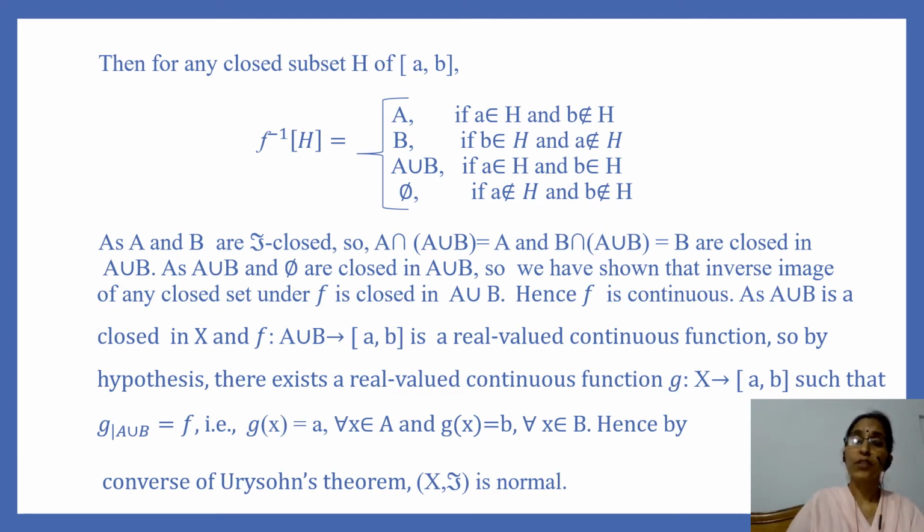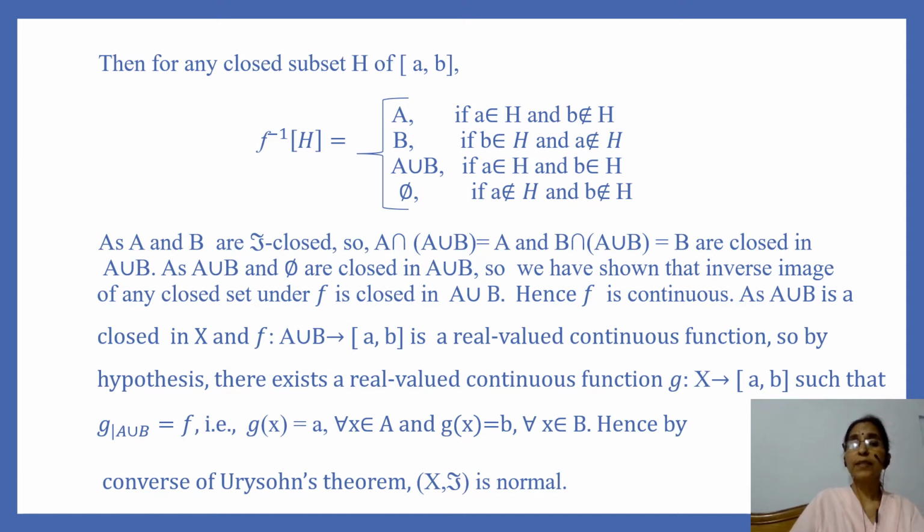As A union B is closed in X and f is a function from A union B to closed interval [a, b], this is a real valued continuous function, and we have assumed that if we have a real valued continuous function from a closed set of X to closed interval [a, b], then there exists an extension of that function.